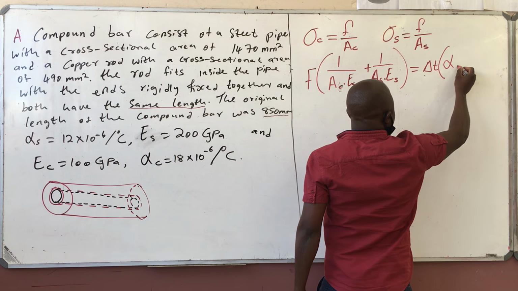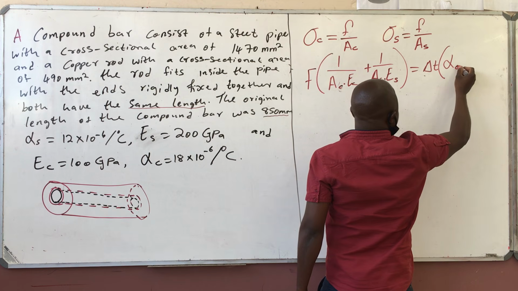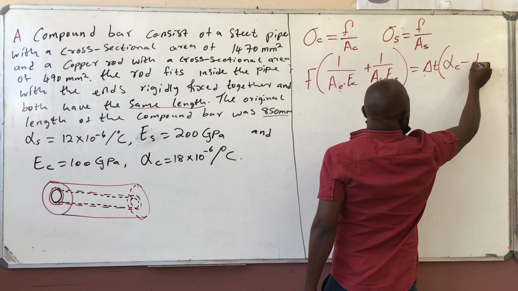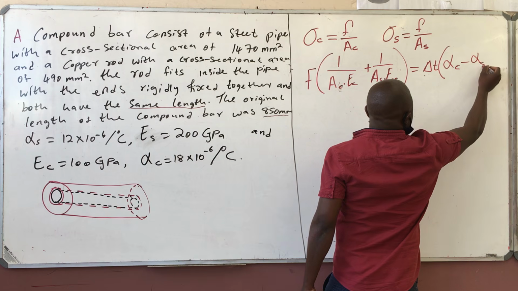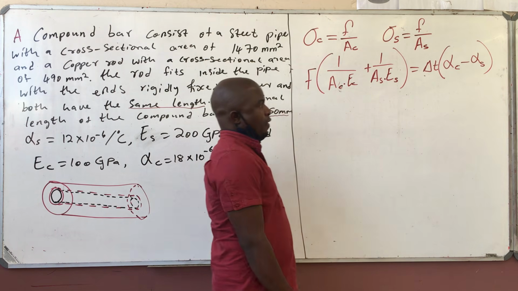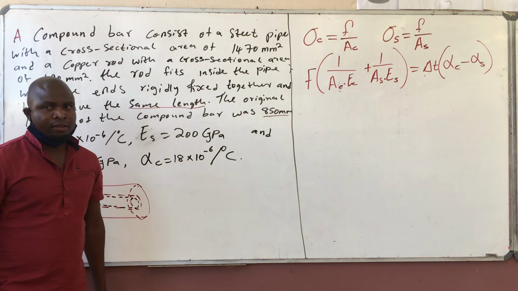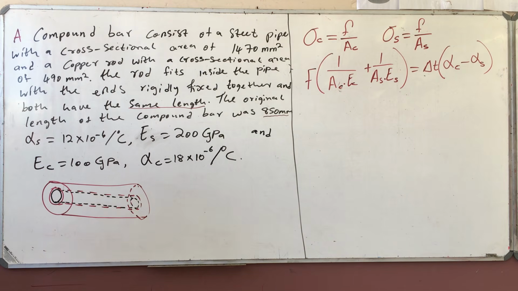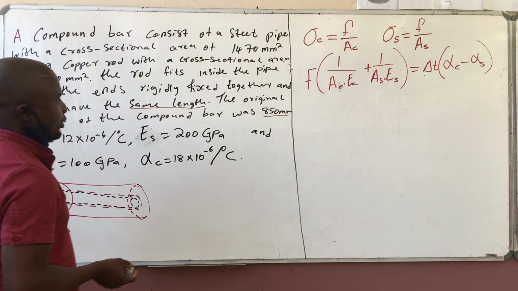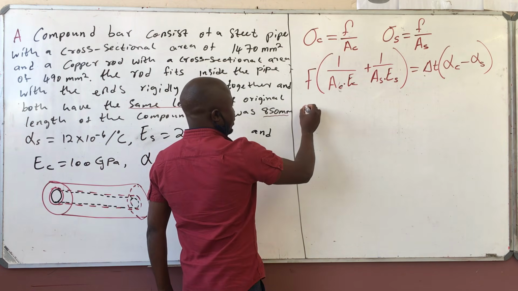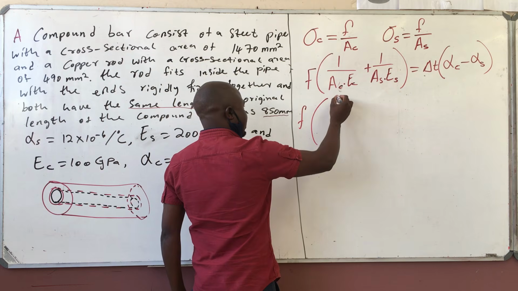This one is what? C, right? C minus S, copper minus steel, the bigger one minus the smaller one. I guess we are given everything for us to substitute. We can just substitute and find the final answer.